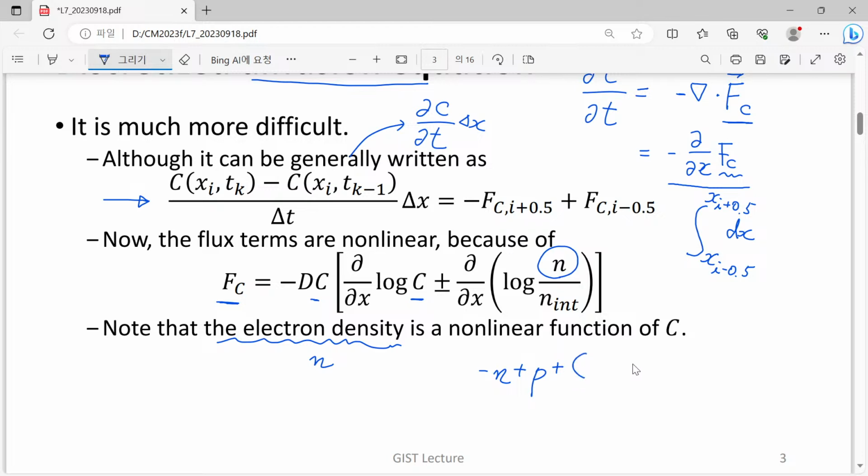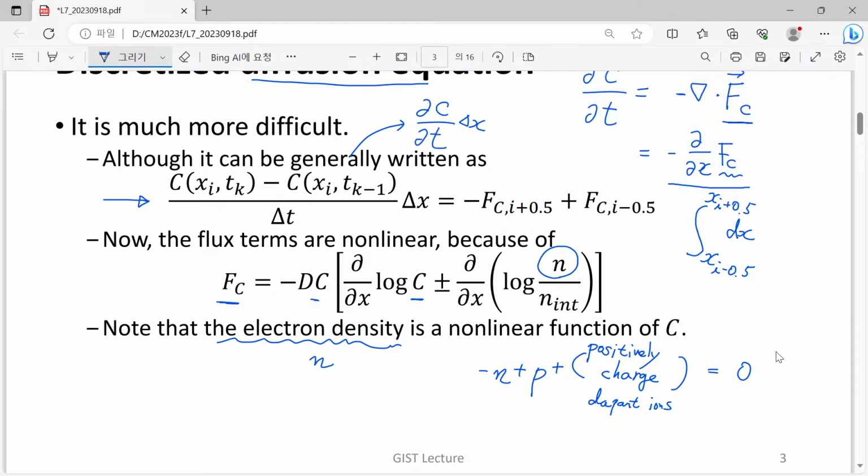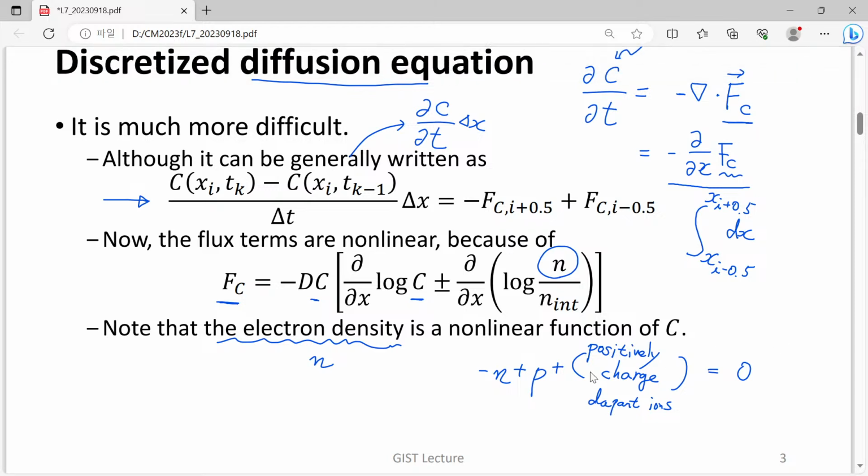their sum should be 0 under the charge neutrality condition. Why? It is just an approximation, but still we wanted to take this approximation.